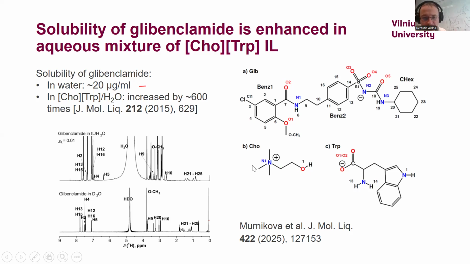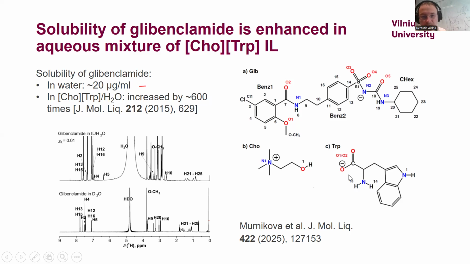Now, this is another family of ionic liquids. These are bioactive ionic liquids. As you see, the cations here, these choline cations, are biomolecules. They have a biological function, and they also are a part of the membranes of the cells, and then the tryptophanate anion, that's of course one of the natural amino acids.